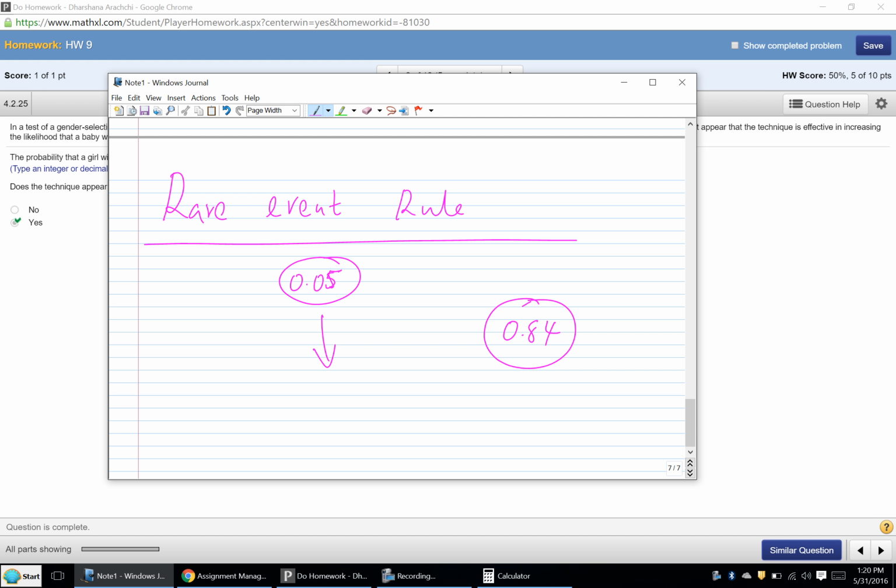Even though numerically it's kind of high, it's not high enough in terms of probability, because if the probability of having a baby girl is 0.84, then what is the probability of not having a baby girl? It is 1 minus 0.84, which is 0.16.